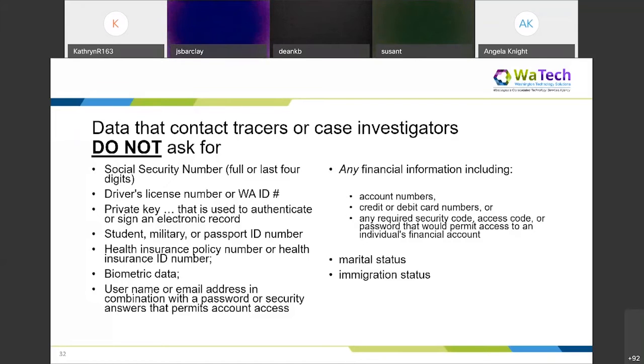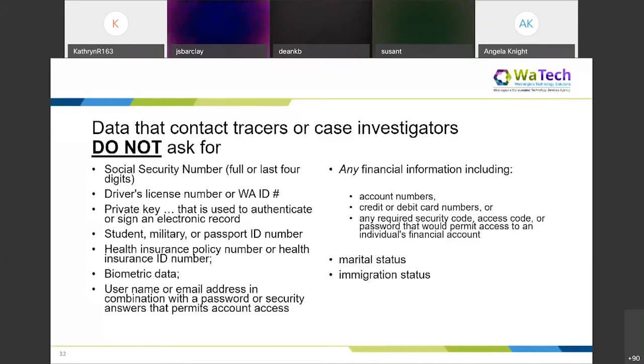Any of those types of data are not going to be collected by case investigators. They're not needed for tracking the outbreak. In other sensitive things that may be asked, marital status is not relevant and immigration status is not relevant. So those are things that contact tracers or case investigators should not be asking and will not be asking.